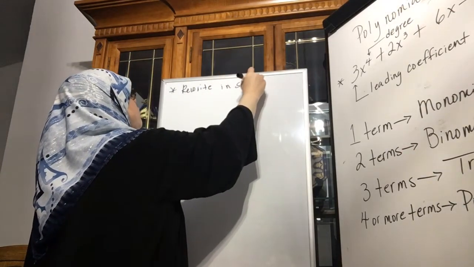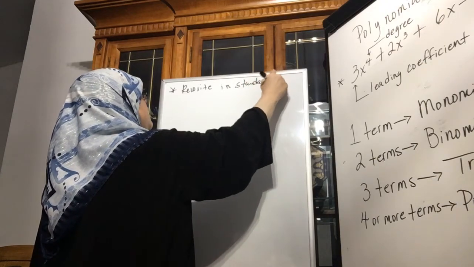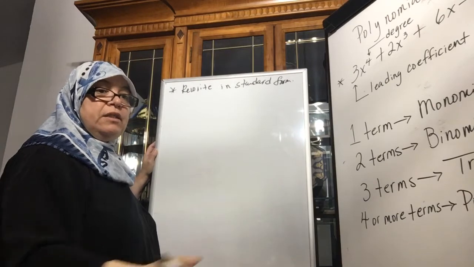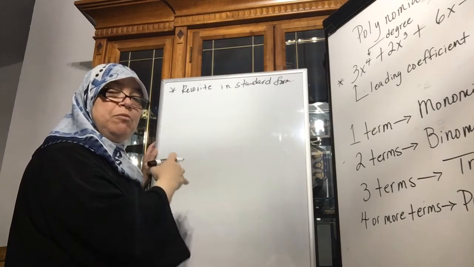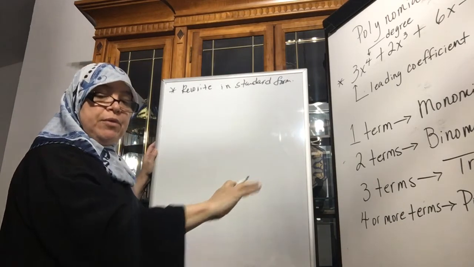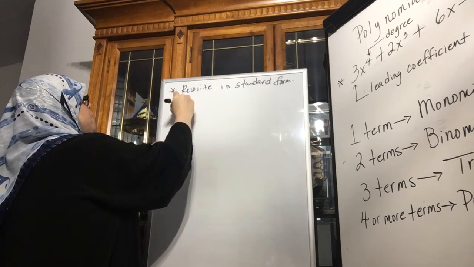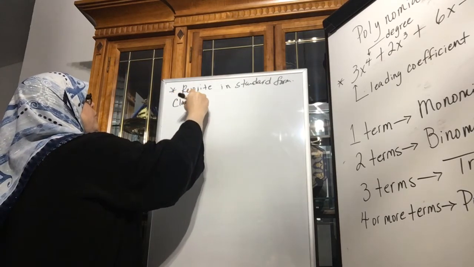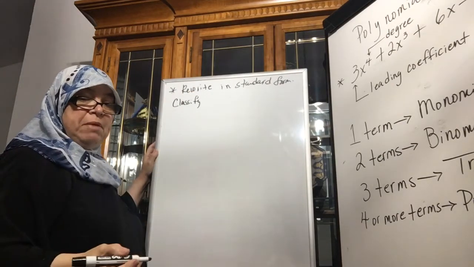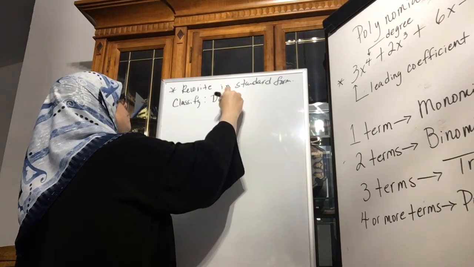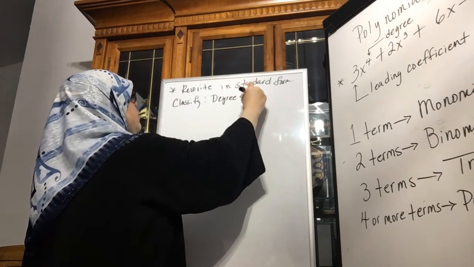Now, what does standard form mean? Standard form basically means writing the polynomial in descending power. All right? And then you're going to classify. In other words, you're going to name it based on degree and number of terms.